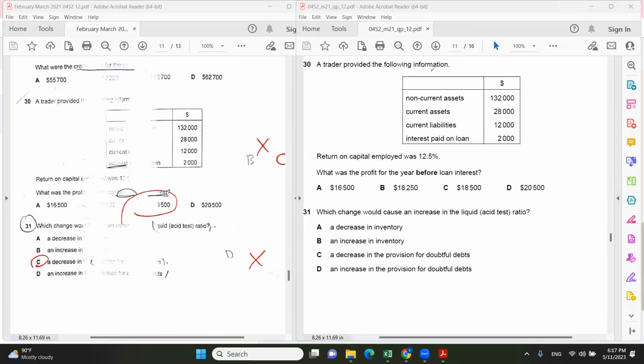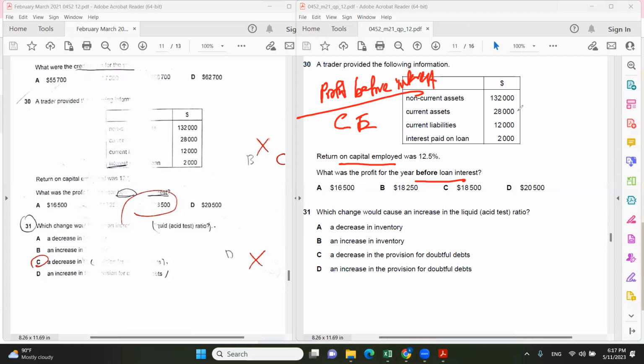A trader provides the following information: non-current asset, current asset, interest paid on loan. ROCE, return on capital employed. The ROCE formula is profit before interest divided by capital employed. What was the profit for the year before the interest?